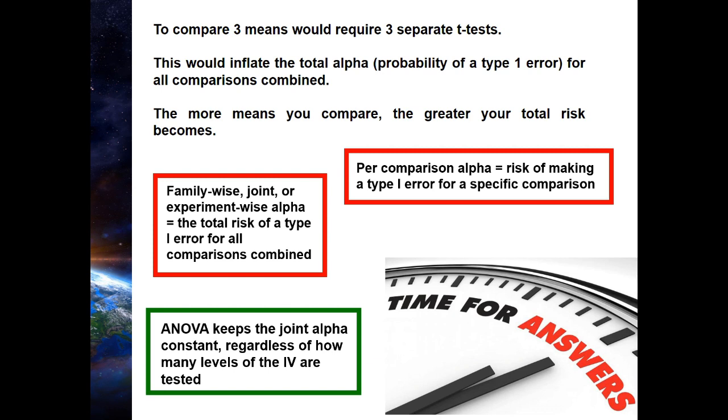Whereas, of course, it would if you were running multiple t-tests. Every t-test you add, you're going to inflate the family-wise, joint, or experiment-wise alpha. Here it says joint alpha, but remember, family-wise is just another name for that. The family-wise alpha remains the same regardless of how many means are being compared.